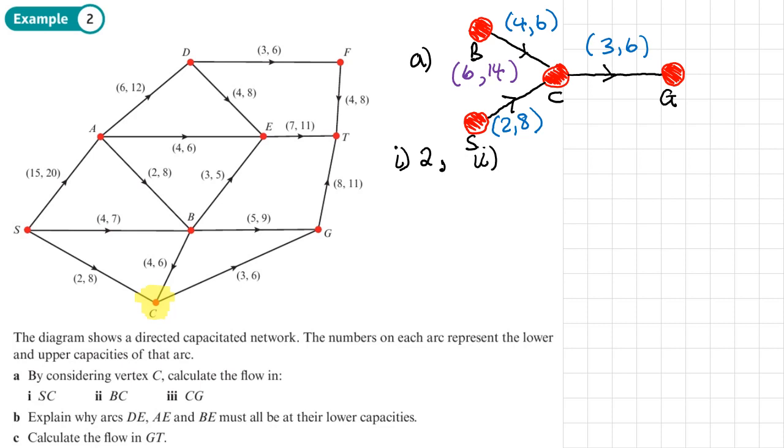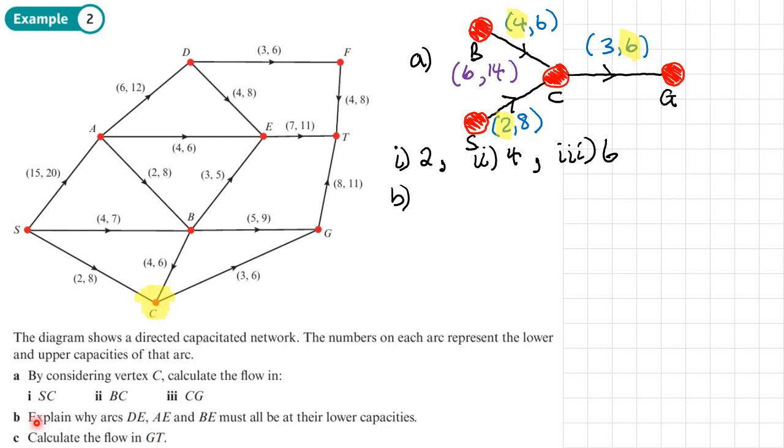Then the second one is the flow through arc BC, so we've said that's also going to be its minimum. And then lastly, the flow through arc CG, and we said this one's at its maximum of 6. So we have 2 and 4 make 6, and we have to have 6 flowing out.